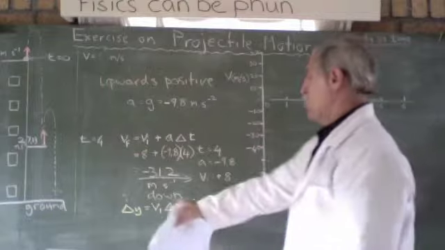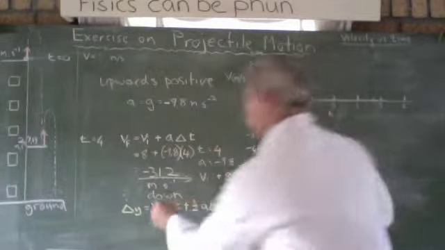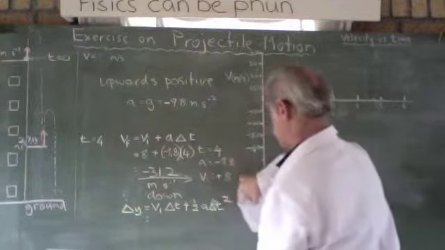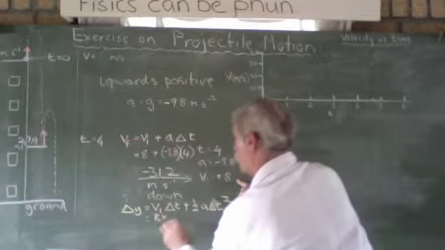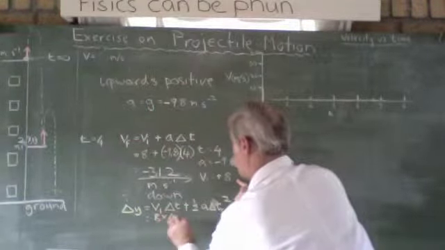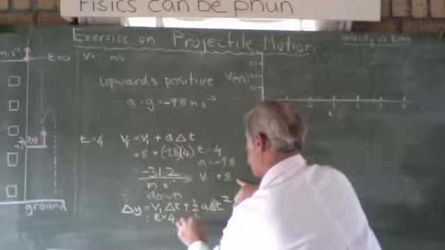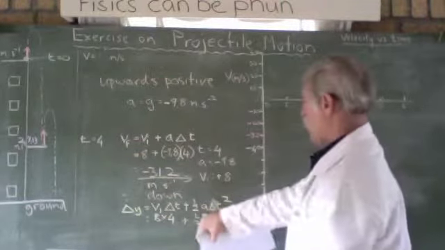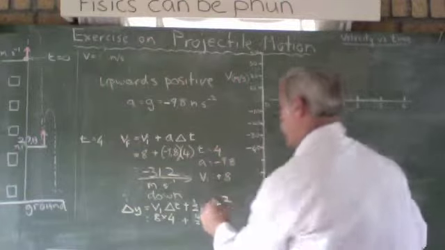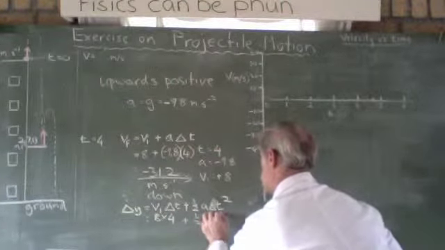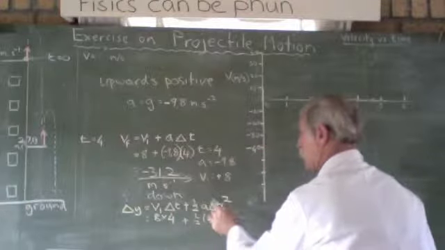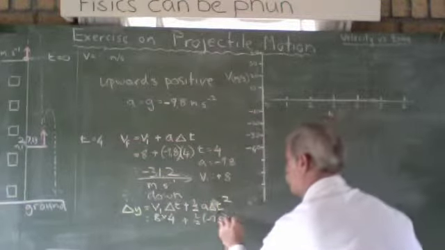Let's plug in our values. V initial again was 8. Delta t was times 4 plus a half a, which is, remember, minus 9,8, and times t squared, 4 seconds squared.